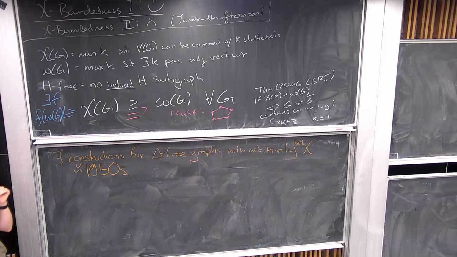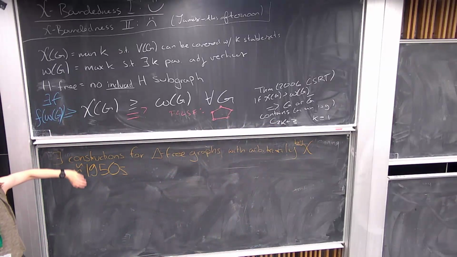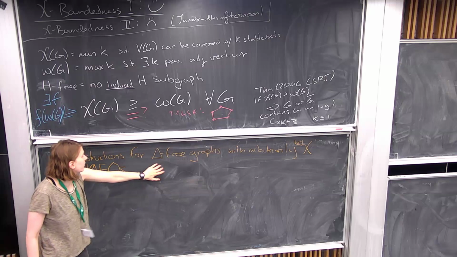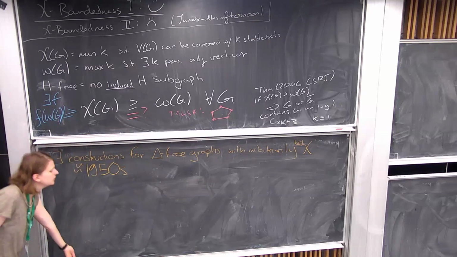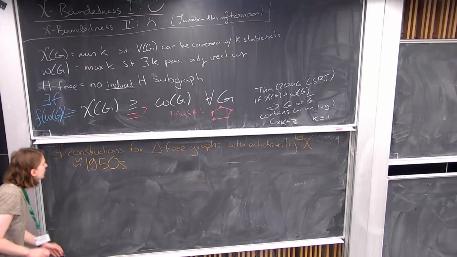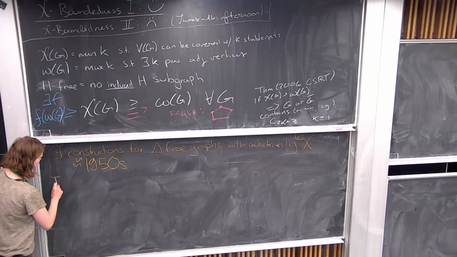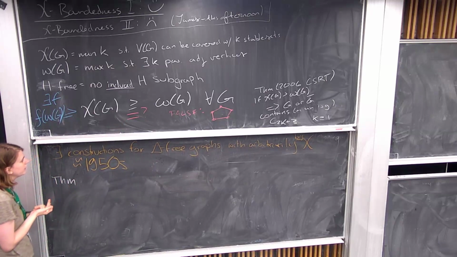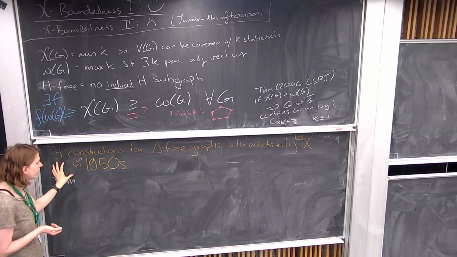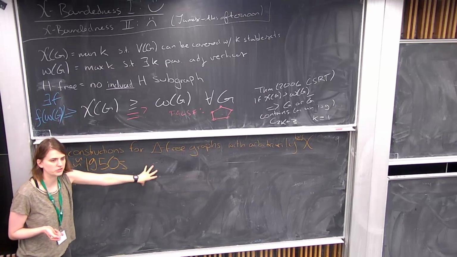So we know this is false, but it's actually false in an even bigger way. This showed it doesn't work for triangles. We actually can do even more, by a beautiful theorem of Erdős, which is that you can get graphs without any short cycle with arbitrarily big chromatic number.